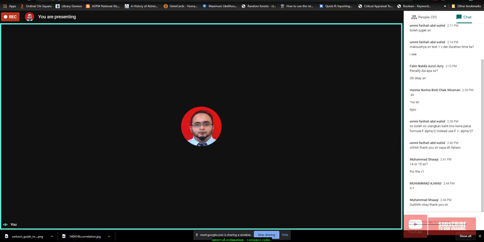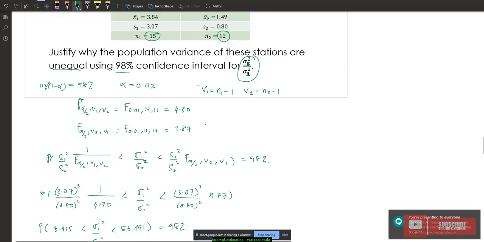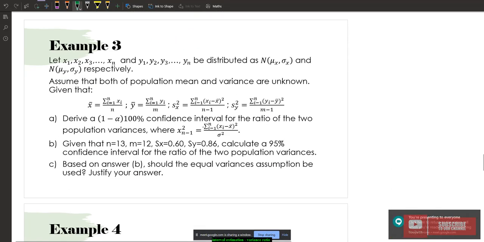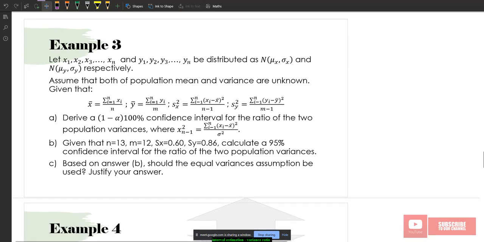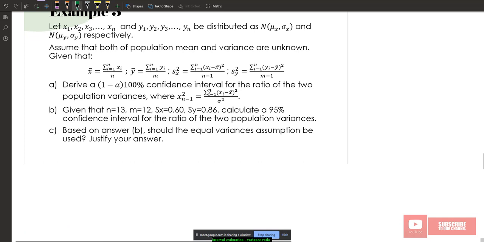Okay, so let's look at the last example for this topic, which is example number 3, right? So this is actually a past year question. Let x1, x2 until xn, and y1 and y2 until yn be distributed as normal distribution, where the mean equals mu x and variance equals sigma x squared.